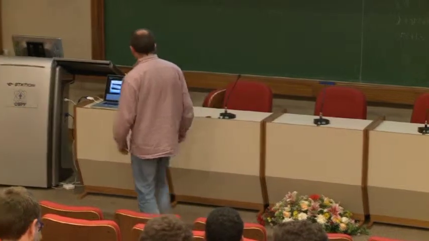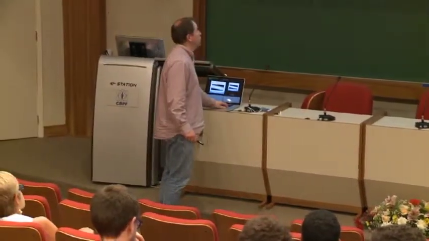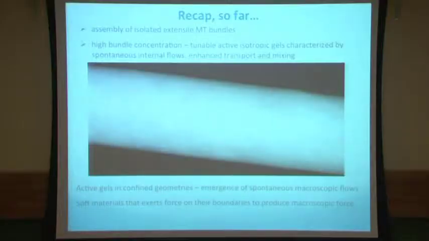I think this movie is interesting because it shows that unconfined things will exhibit large-scale chaotic flows, but by confining them, you can channel this flow and get a material that spontaneously flows in one direction.